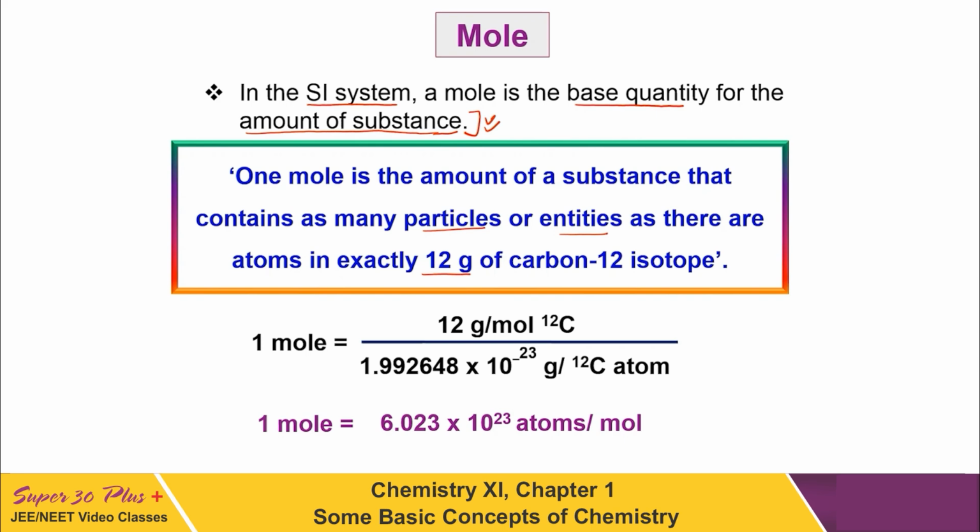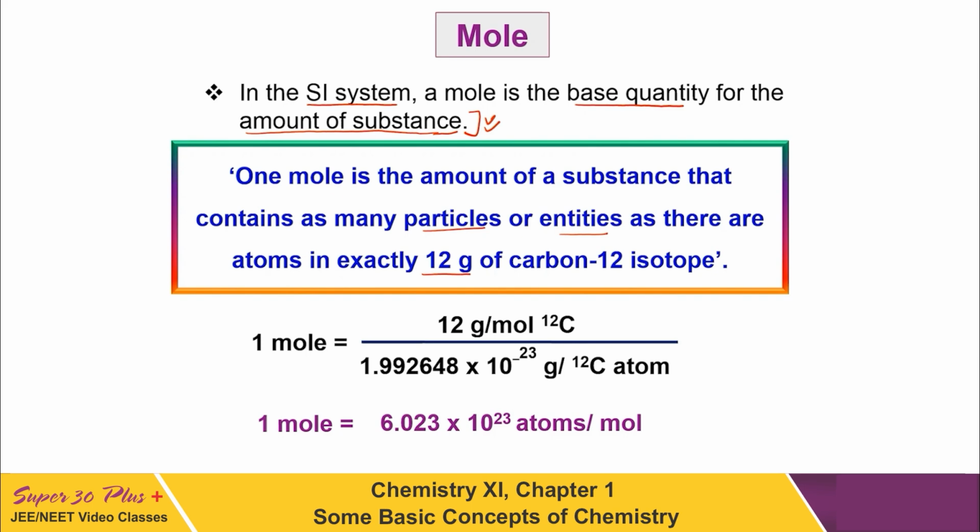So that number of particles is present in 1 mole. Any other substance which contains the same number of particles, ions, molecules or entities as 12 gram of carbon 12 isotope is considered as 1 mole.